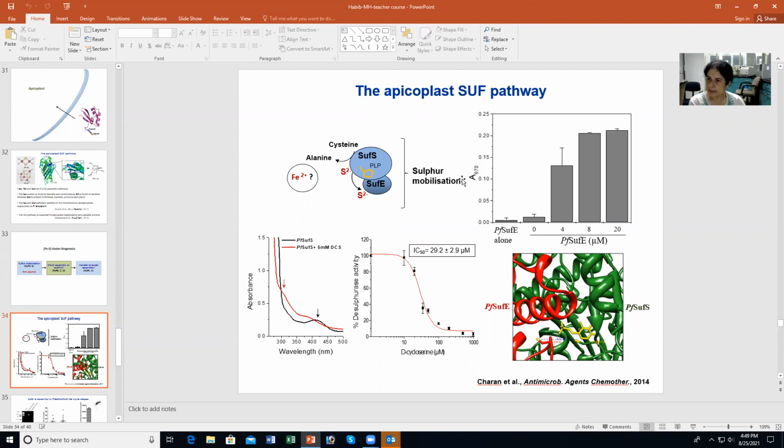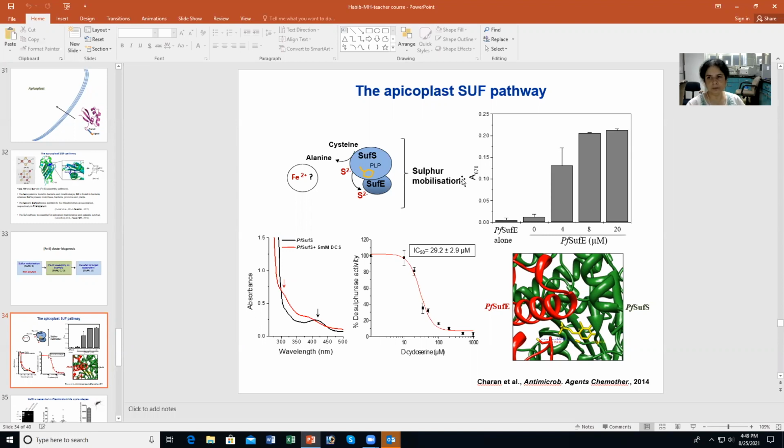So you look at bacterial SUF pathways and you say, okay, E. coli has these SufS, SufA, SufB, SufD. Do we have homologs in the nucleus of the parasite? Yes, we do. SufB is encoded by the apicoplast itself, but the rest of them we could find homologs in the nucleus. So these genes were taken out and they were expressed as recombinant proteins in bacteria, in E. coli, to purify. And then the reactions were assembled.